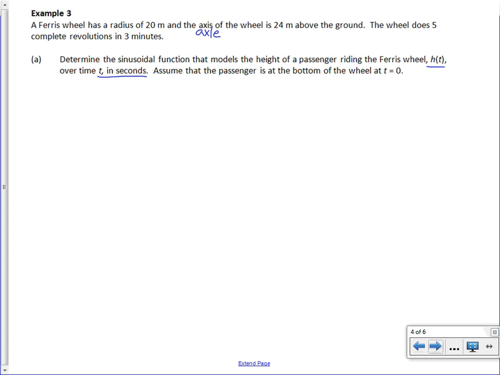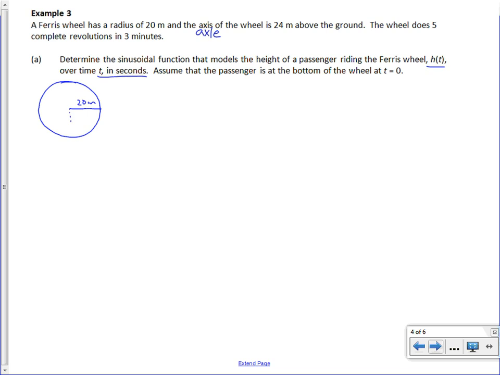Okay, so shall we draw a picture of the Ferris wheel just to get a visual of this? Sure. So Ferris wheel. Is this Ferris wheel just rolling along on the ground, or what's happening? We know it has a radius of 20. So I can put radius 20 this way.